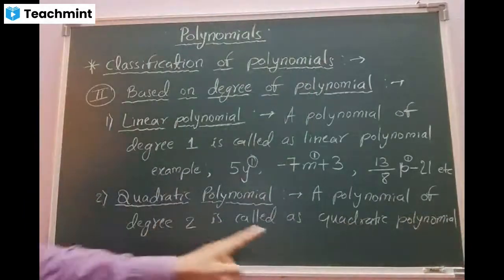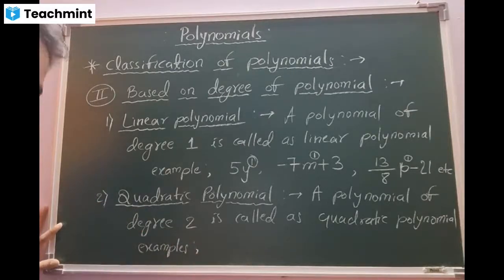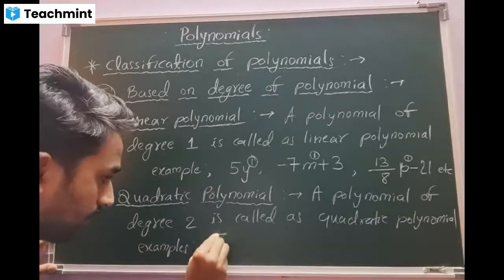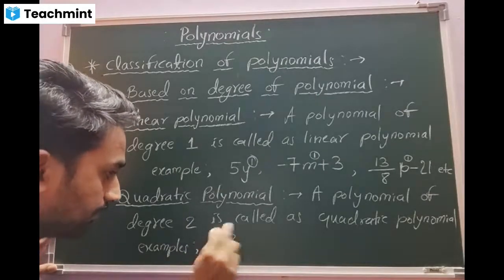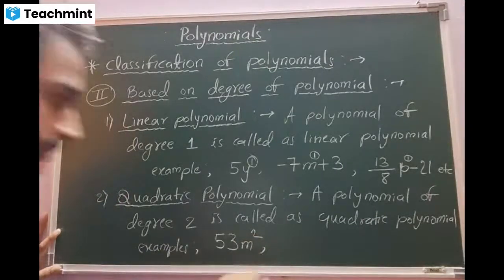Write down fast. Take down below. Examples. We will write a few examples, beta. Let me write 53 m square. This is the first example.